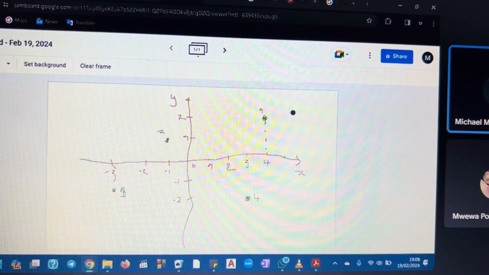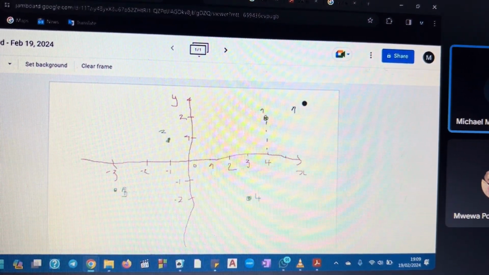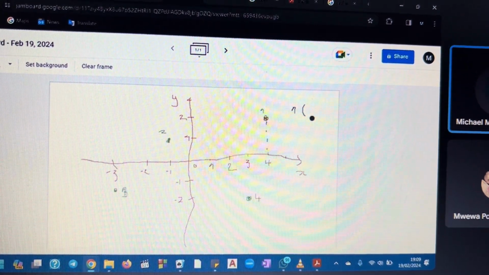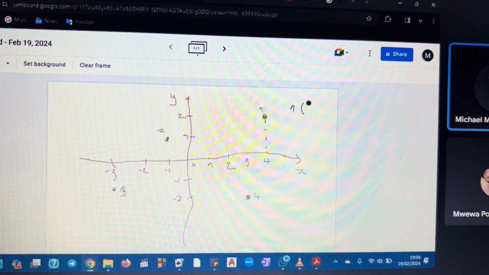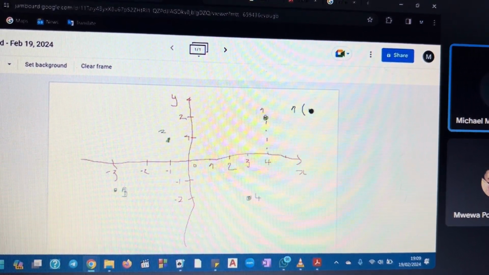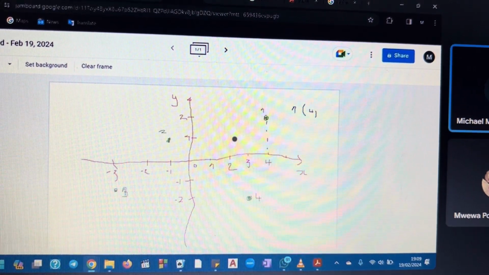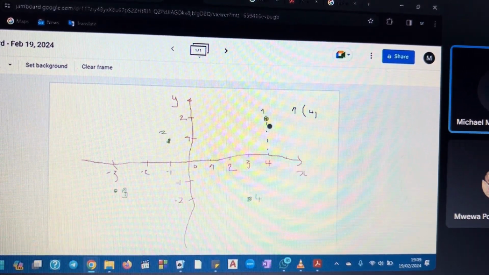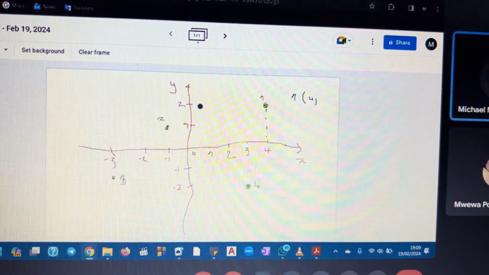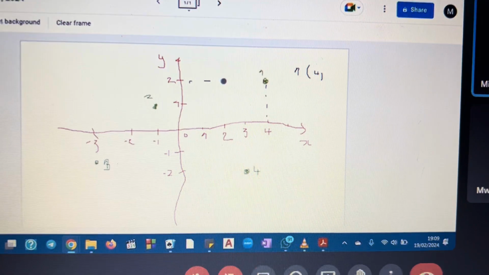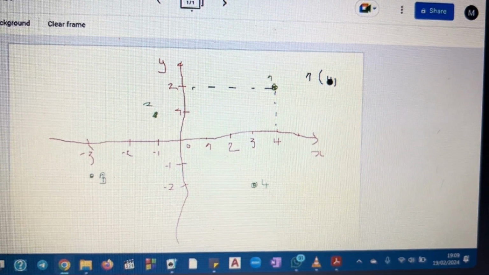So point 1, the coordinates of point 1, as usual, we write the numbers in parentheses. So point 1 coincides with 4 on the x-axis. So we write a 4 there. And then we separate the numbers with a comma. And then we look at the number that the point coincides with on the y-axis. So you can clearly see that the point here is 2, which is a positive number.